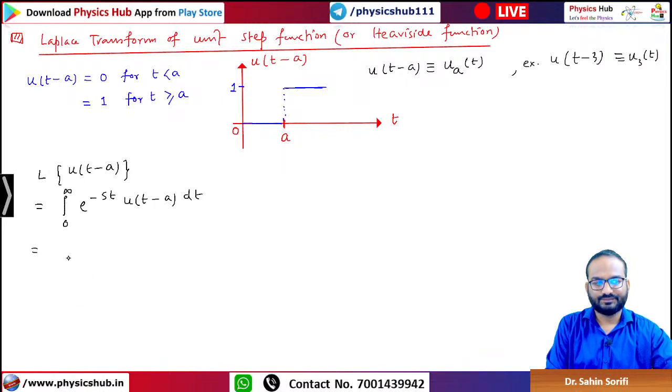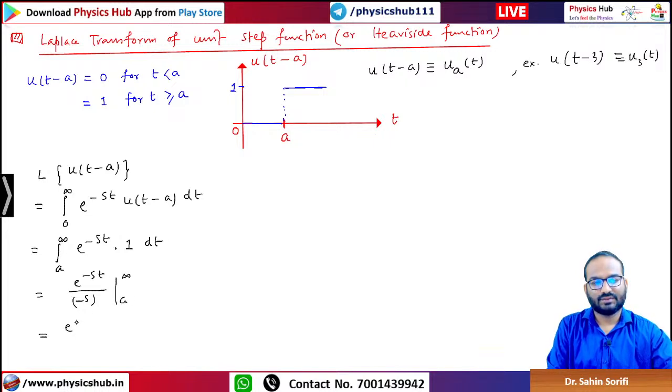So what will this be? Look, it is taking value between 0 to a as 0. So you have to take a to infinity of e to the power minus st, where the value of u(t minus a) is 1. So what do you get? e to the power minus st by minus s, from a to infinity.